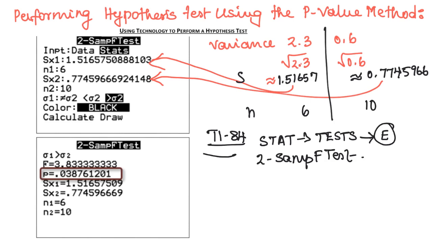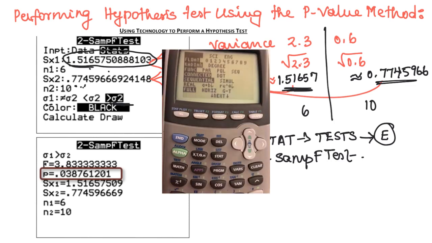Then you will get the screen like that and enter these values. If you want, you can directly enter this value as square root of 2.3. I just showed you this so that you will know where these values are coming from. So you can directly enter square root of 2.3 and square root of 0.6 here itself. And since we are checking sigma 1 greater than sigma 2, highlight that option, then press enter.